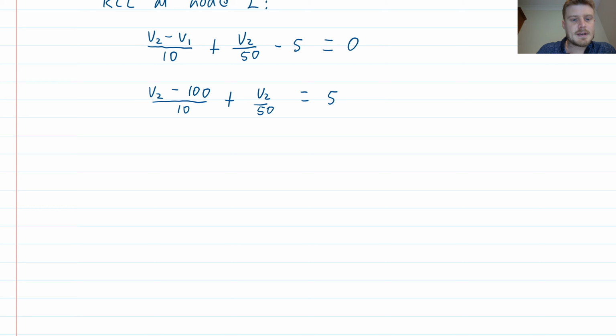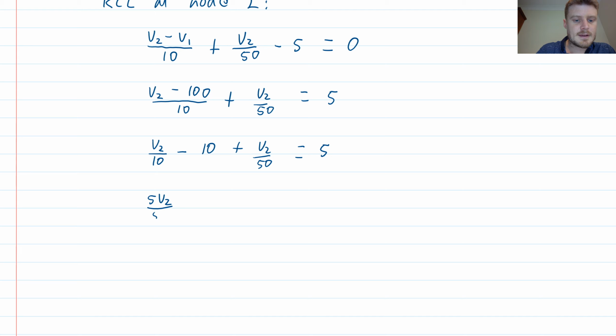So let's clean up this fraction a little bit. This is V2 divided by 10 minus 10 plus V2 divided by 50 is equal to 5. If I want to collect like terms on the V2, then I need to put them over a common denominator.